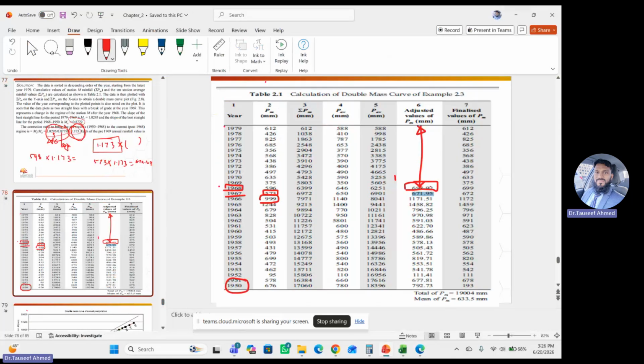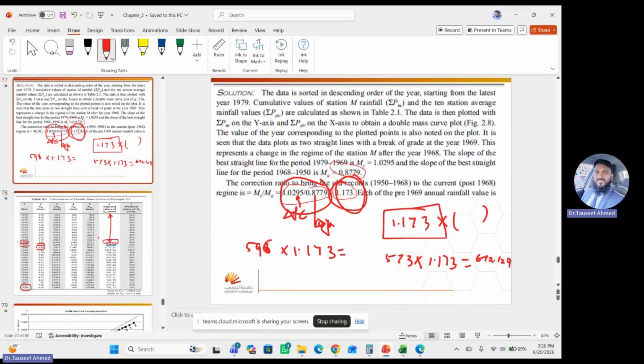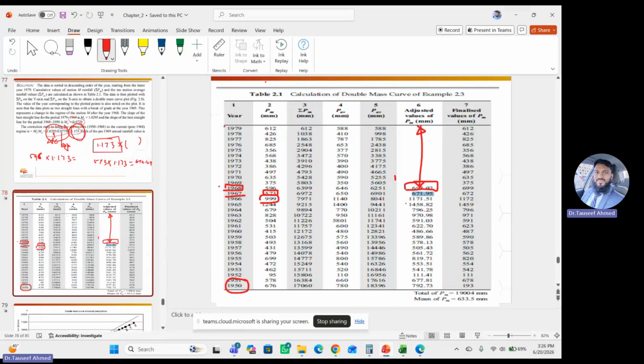So here they are getting, so 596, not 598. 596 multiplied by 1.173, they are getting 699.108. Almost similar, okay?